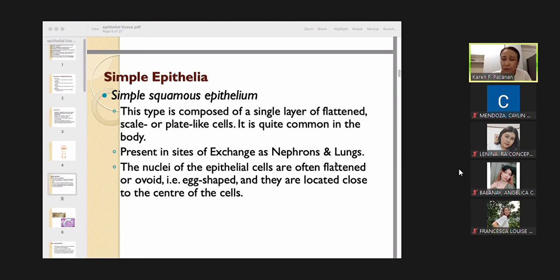We actually use the alveoli of the lungs, the slide of the lungs, to show us the simple squamous. Another example of location would be nephrons. So I mentioned that it is only made up of a single layer of cells, therefore, posible yung process of diffusion to take place easily.